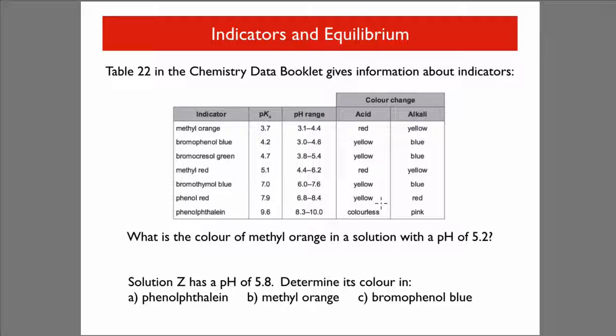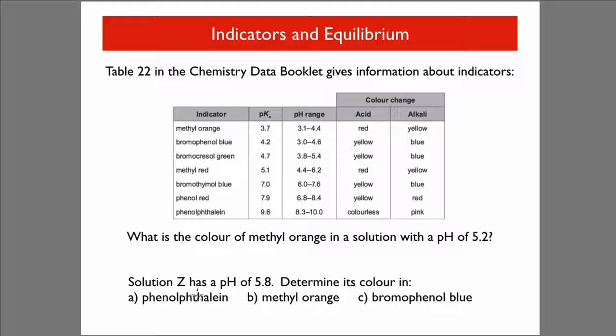With that in mind, what is the colour of methyl orange in a solution with a pH of 5.2? Well, methyl orange is here. A pH of 5.2 is on the alkali side of its range, and so the alkali colour is yellow. Solution Z has a pH of 5.8.